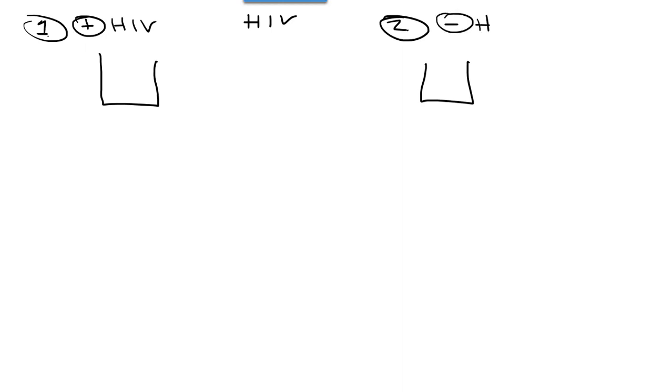The example I'm going to give you is, let's say we're testing somebody for the HIV virus. In this side here, side 1, patient 1, we don't know it yet, but I'm going to tell you this person is positive for HIV. And we'll say over here in well 2, we don't know it yet, but I'm going to tell you this is an example of somebody negative for HIV. The first step is we're going to add into the well the known HIV antigen.